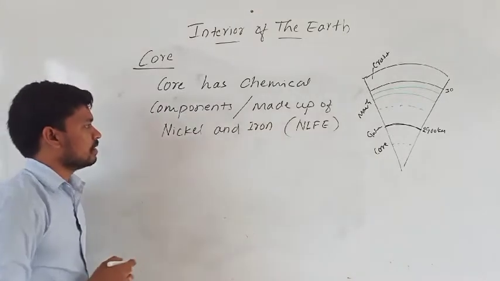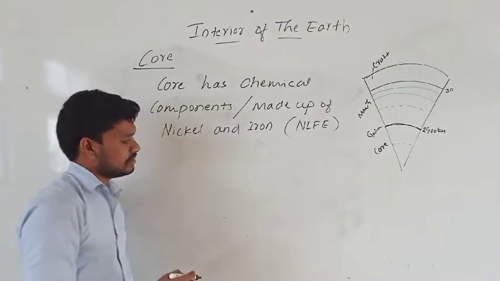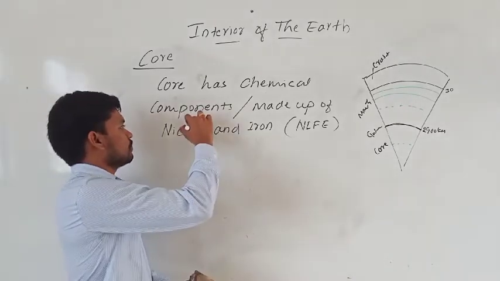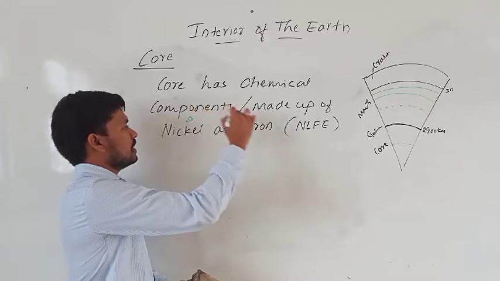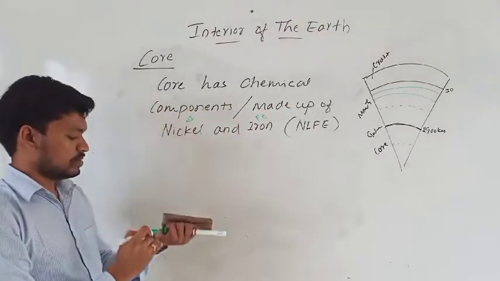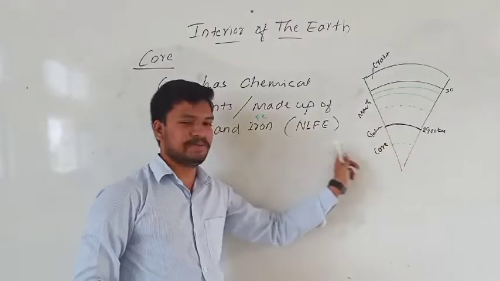The chemical symbol of nickel is Ni, and iron is Fe. So the chemical composition found in the core is called Nife.